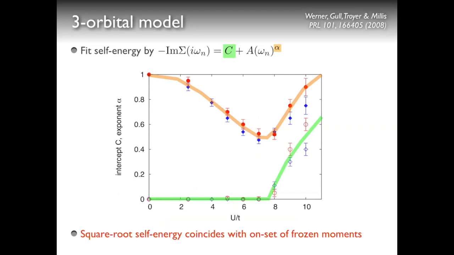As we increase the interaction, you can see that we start with an exponent of 1, which is consistent with Fermi liquid behavior, and then at this spin freezing crossover, we reach 1/2, which is the square root behavior, and as we enter into the spin frozen regime, the constant c goes up, which means that inside the spin frozen regime we have scattering off these frozen magnetic moments.